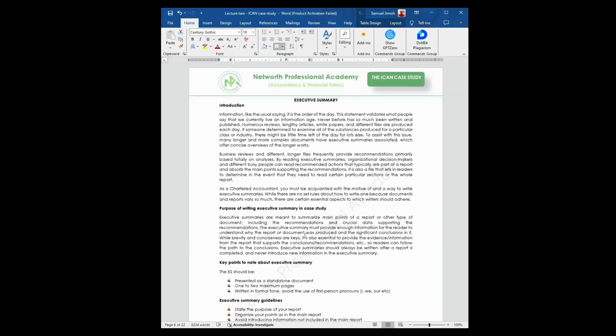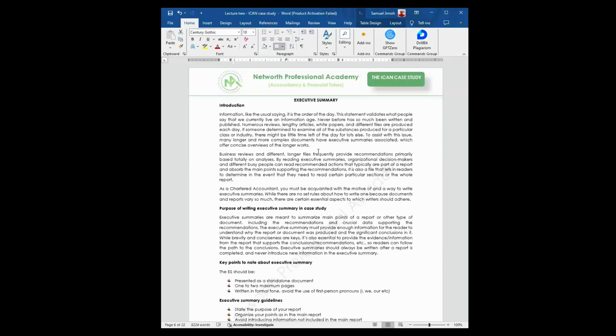Now, the whole idea is that the executive summary in a case study is very similar to an abstract in academics.